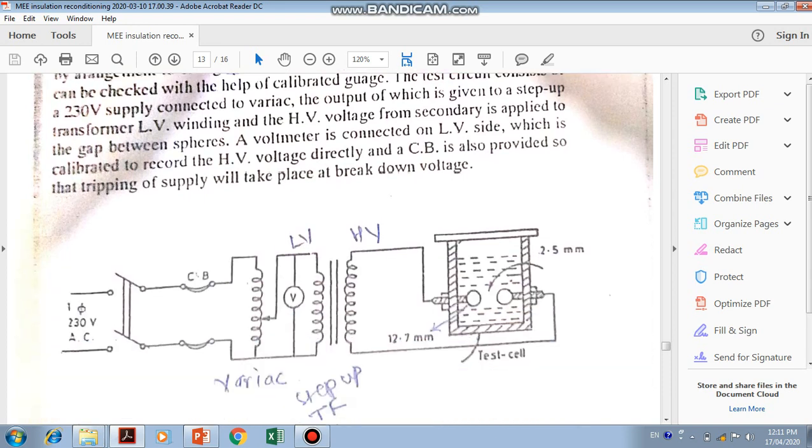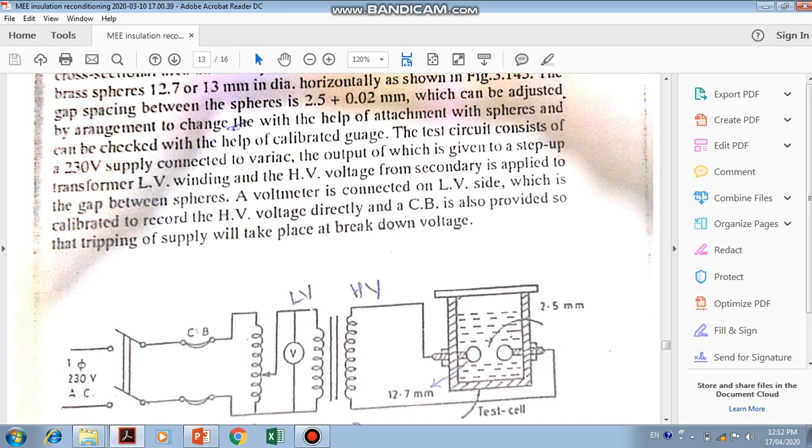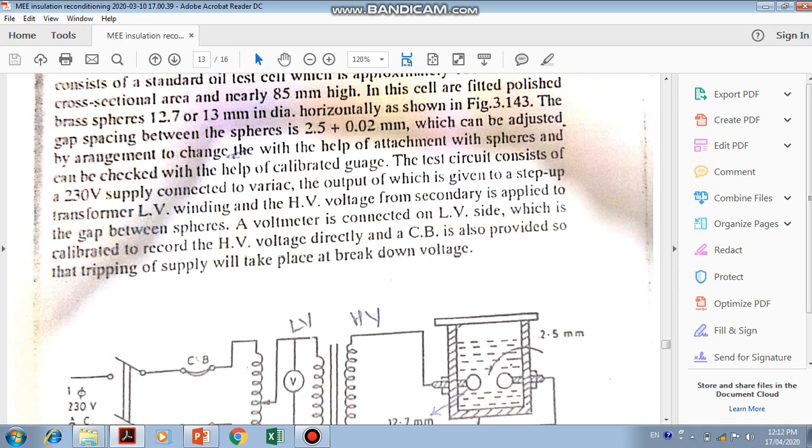This test cell has two brass spheres with a diameter of 12.7 millimeter, and the gap between these two brass spheres is about 2.5 millimeter plus or minus 0.002 millimeter, which is the tolerance we require.